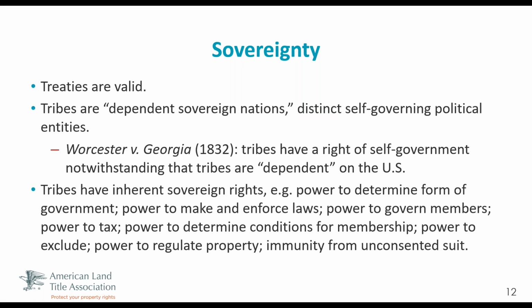Because sometimes I think it's hard to grasp, particularly when folks don't understand that tribes are in fact sovereigns, again in a dependent kind of way, I suppose, or a limited kind of way, but they nonetheless are sovereigns.